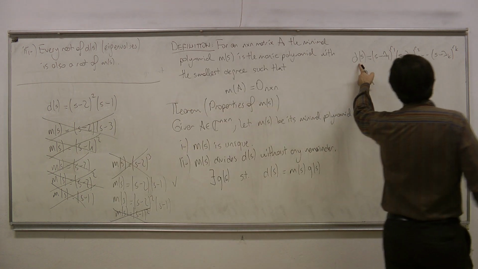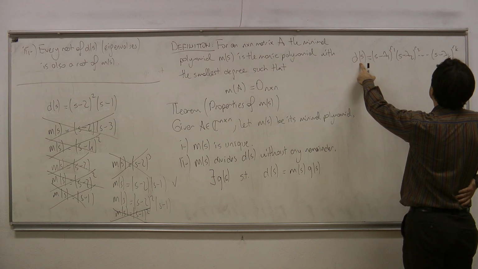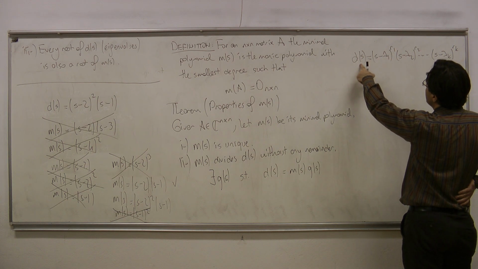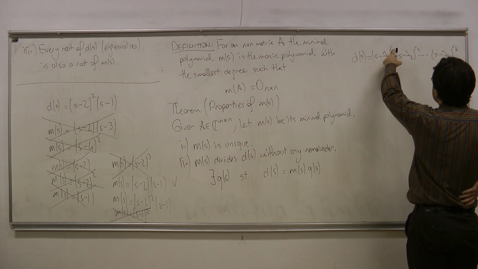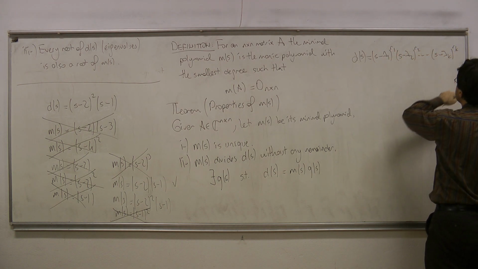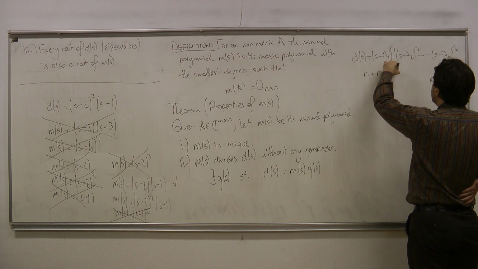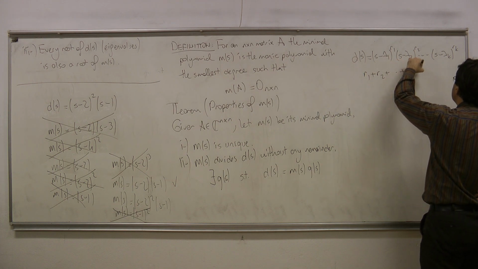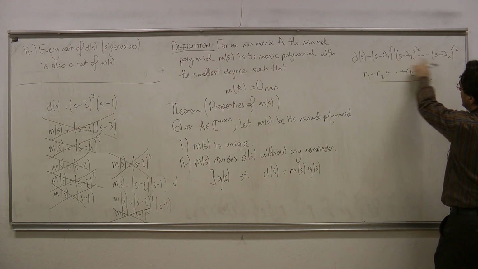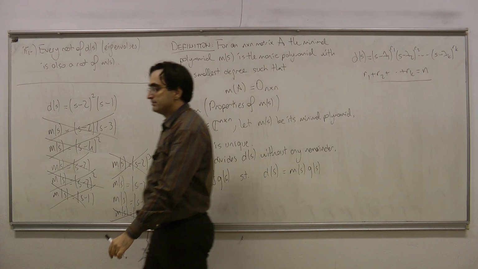And here, the characteristic polynomial should have the order n. That means that the sum of these powers here, the multiplicities in the characteristic polynomial, r1 plus r2, going until rk, should be n. Because I want this overall to be an nth order monic polynomial. Okay?